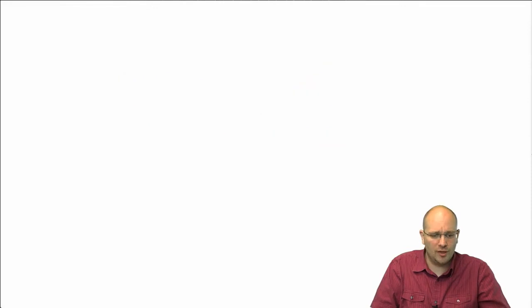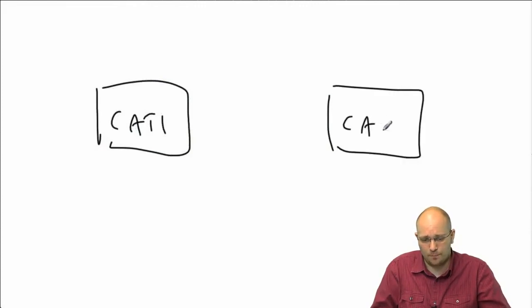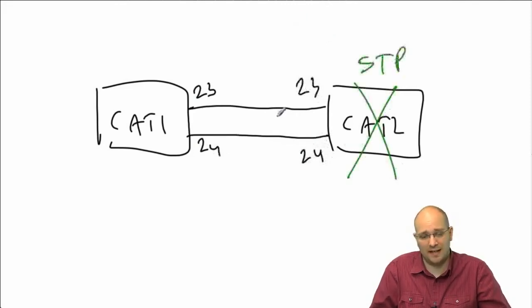Well, what I'm going to do here is a very simple thing. Again, I'm going to have my cat1 connected to cat2. I'm going to have ports 23 and 24 on both sides. But on cat2, I'm going to turn off the spanning tree.